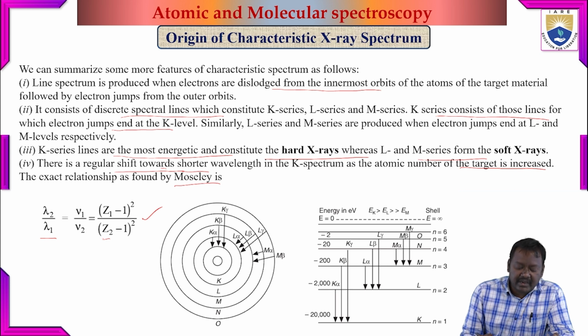That means as the atomic number increases, the wavelength of the lines decreases for a particular line, like K alpha. For example, if we take the K alpha line, the wavelength of the K alpha line decreases as the atomic number of the target material increases.